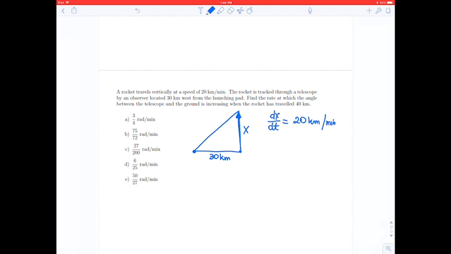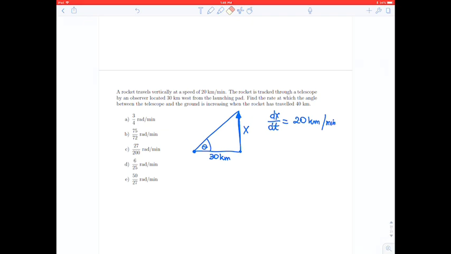Okay, find the rate of change at which the angle between the telescope and the ground. That's the angle we're looking for. It's of course increasing because the rocket is going up. That means the angle is increasing when the rocket has traveled 40 kilometers.